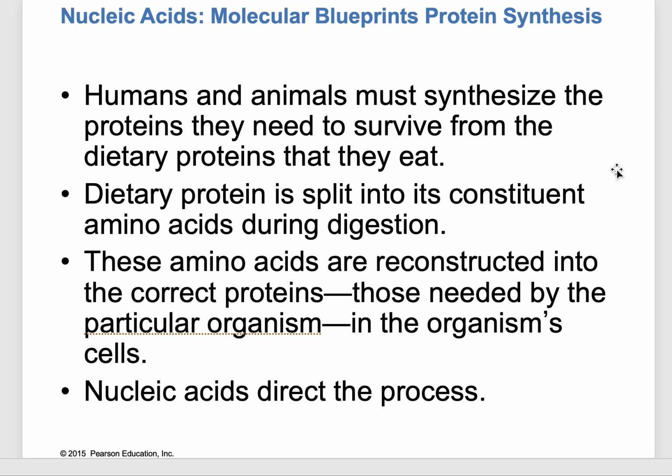So we have to eat food that, after digestion, provides us with amino acids, along with other things. And then our DNA will direct the amino acids in the correct sequence to give us the correct protein.